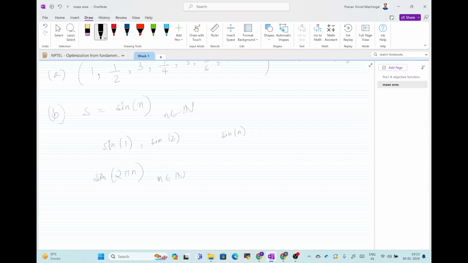It will converge to 0. Yes, we get 0 at all values. This is converging.